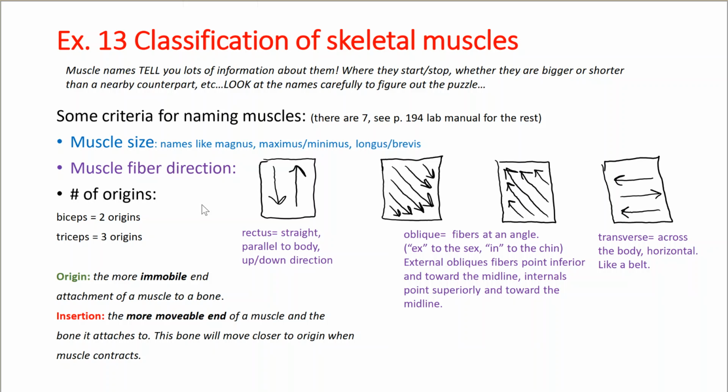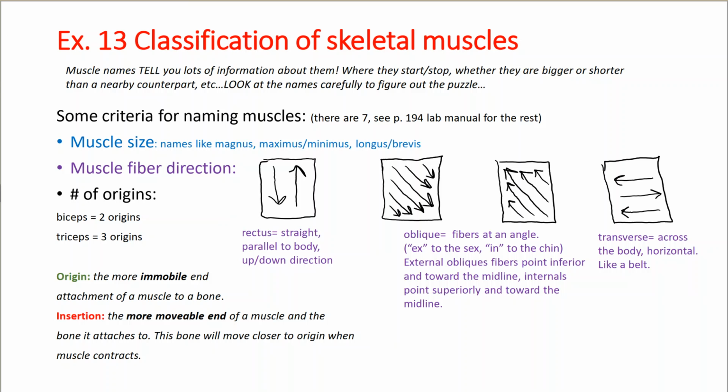And so literally the way the muscle fibers are pointing in a muscle can help name it. So abdominal muscles are very common. You'll see fiber direction in abdominal muscles. So a rectus muscle is straight up and down. It's somehow parallel to the body.